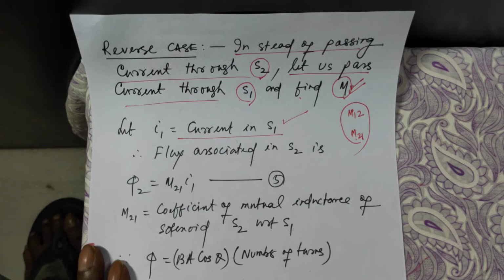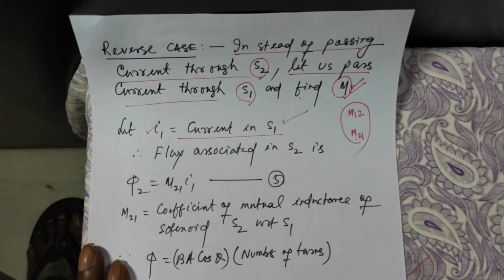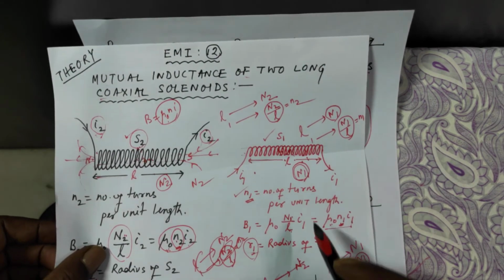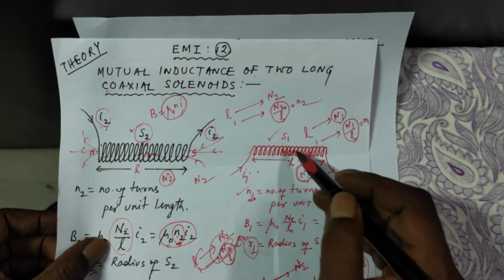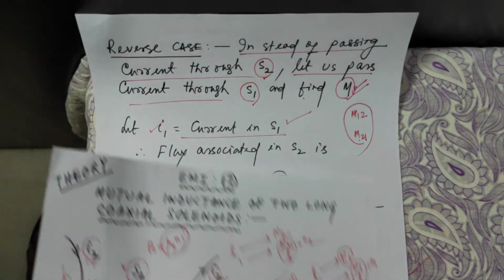Due to this current, at the center of the coil S1 there will be a magnetic field, like this or like this.